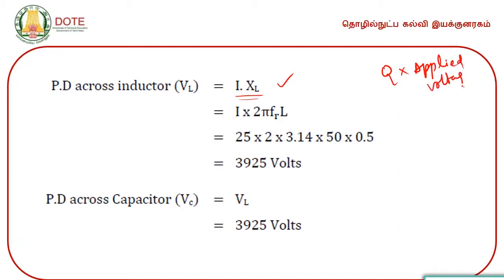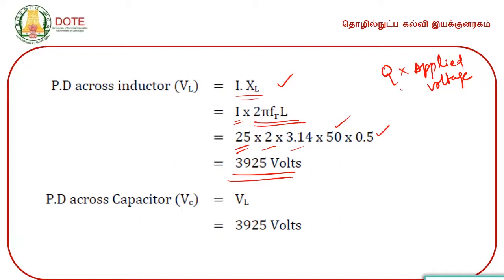Both the formulae you can use. So, we can use this formula I XL. What is I? It is 25, already we have found out. Then 2 pi F into L, 2 into 3.14. What is the frequency? It is 50 hertz. L is 0.5 Henry. Applying those parameters in the formula, you get 3925.